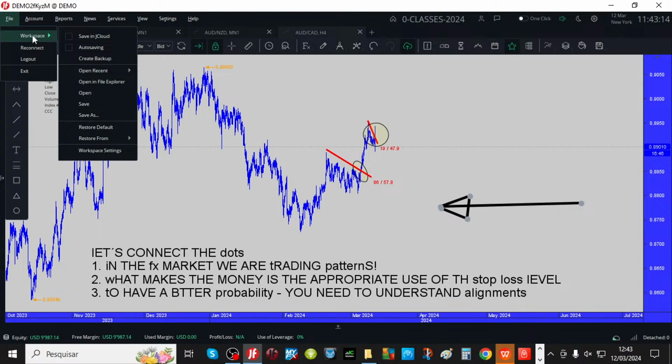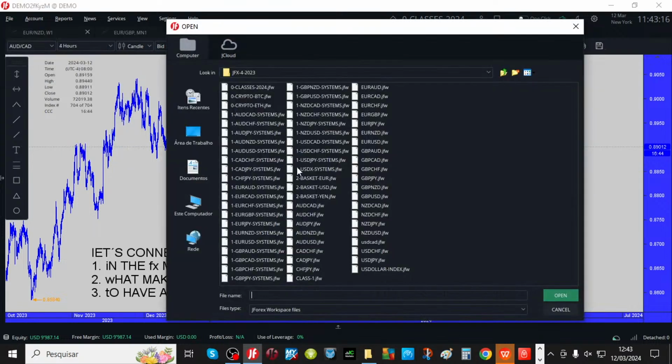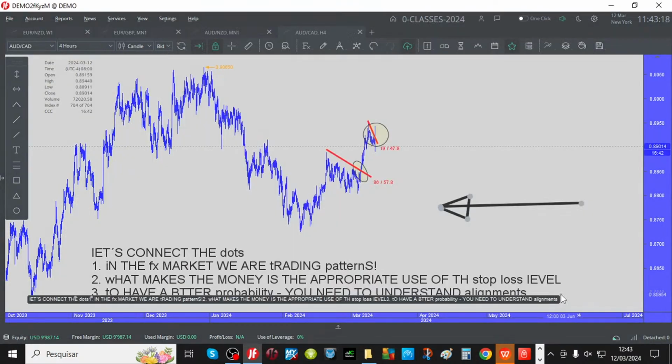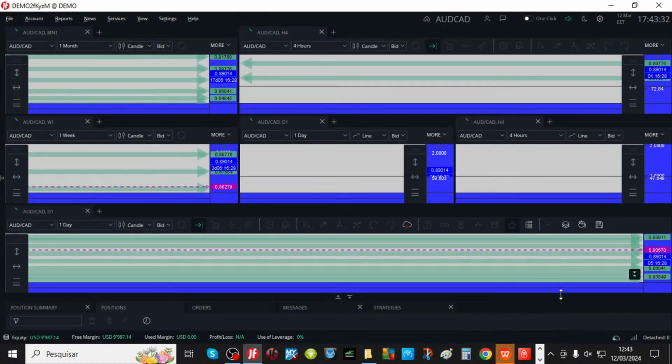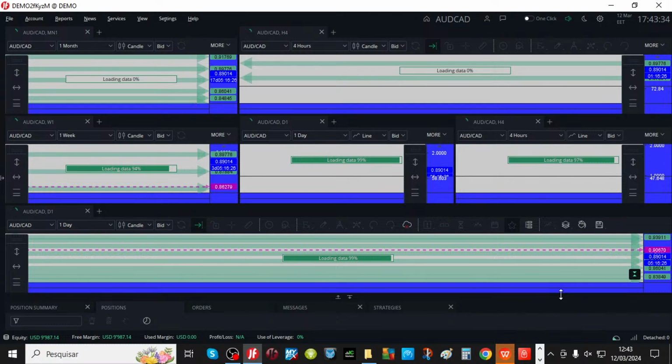Now we are going to open AUD CAD, just an example. And we are going to see what the Fibonacci direction says, and then we're done for the day.